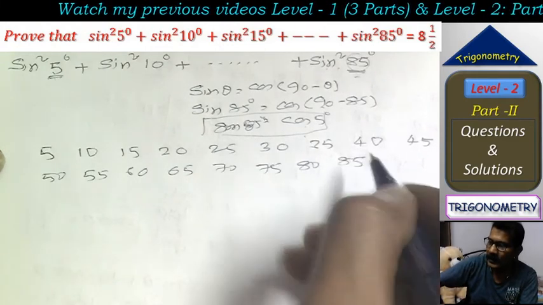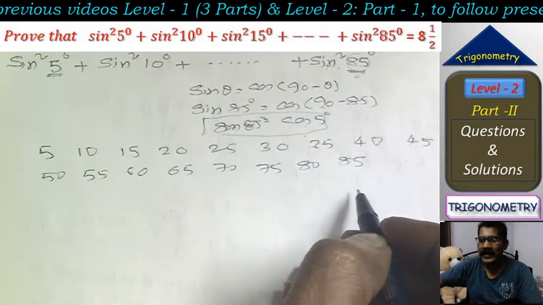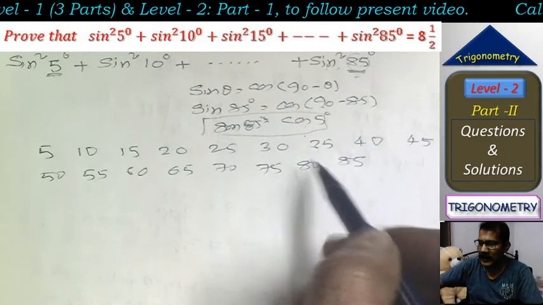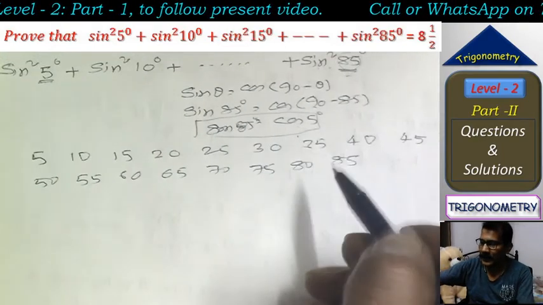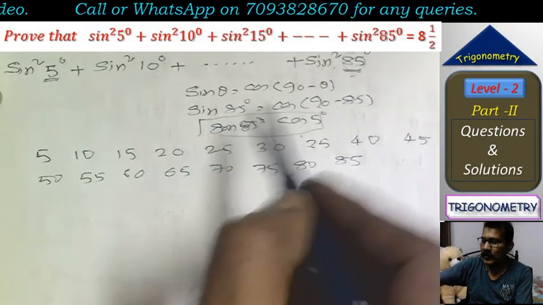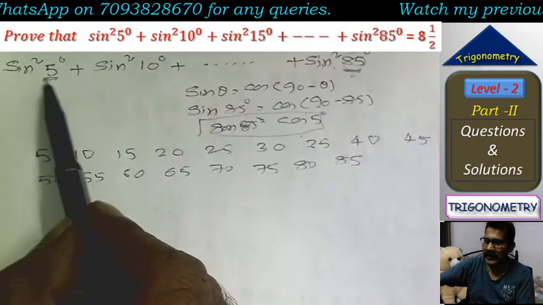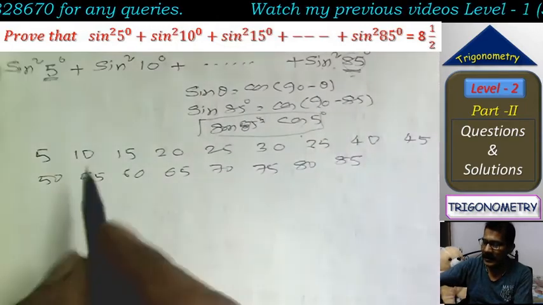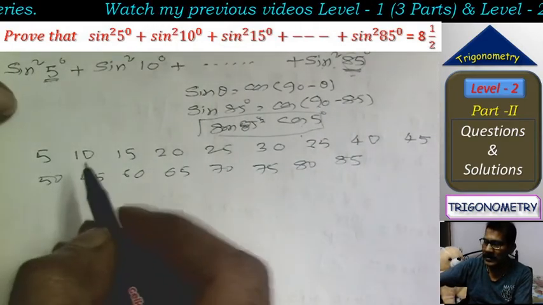In fact, I don't suggest writing all these values. You need to understand how many numbers you can write from 5 to 85. And we are taking two numbers whose sum is going to be 90. Why? Because one number we can express in terms of the other number. Such numbers are two numbers whose sum makes 90.